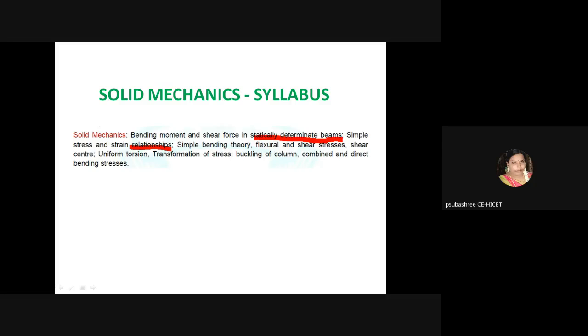Then the next topic is theory of simple bending, then flexural, then shear stress. Then shear center of various cross sections, for example I beam, T beam, circular beam and rectangular beam.